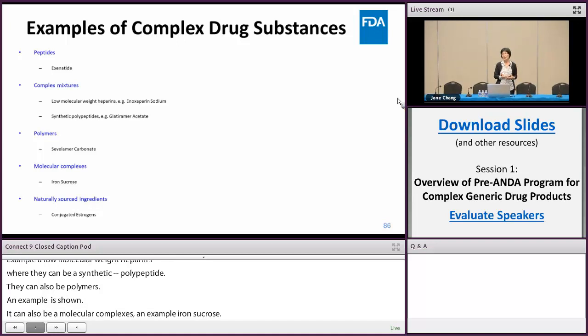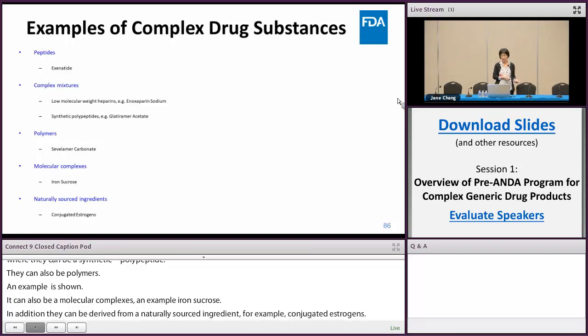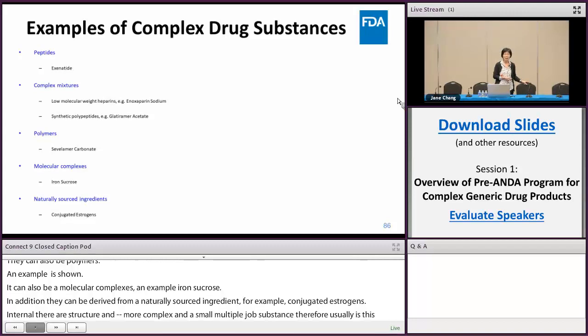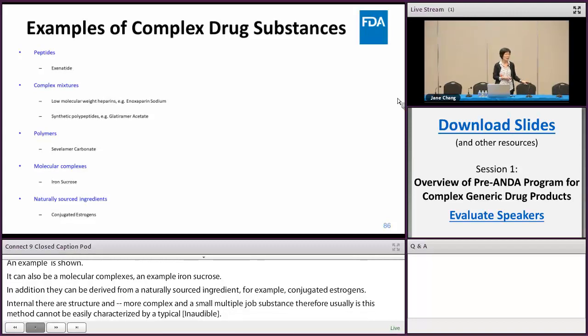In general, the molecular structure and the impurity profiles for these APIs are more complex than small molecule drug substances. Therefore, usually they cannot be easily characterized by typical analytical testing. In addition, their manufacturing process will have a great impact on the identity, purity, potency, and physicochemical properties.